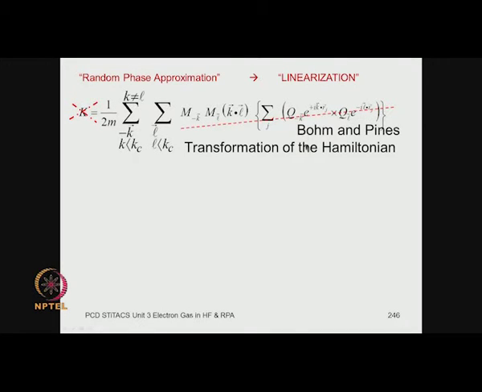This is not the only thing, but this is the heart of the approximation, that the quadratic terms are ignored because these terms which have got random phases represent a vector addition of a large number of vectors which are equal and opposite. So, their sum total goes to 0.